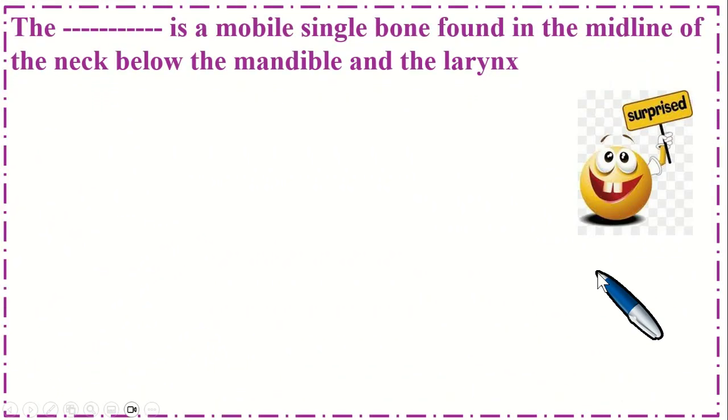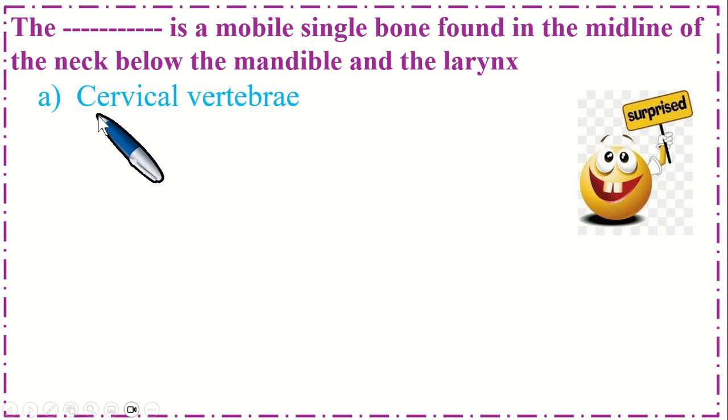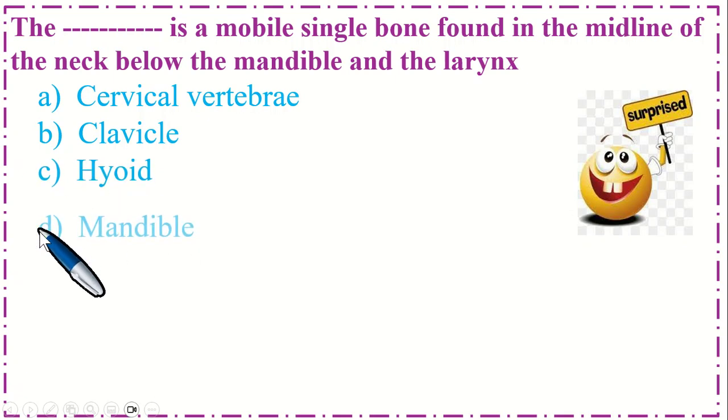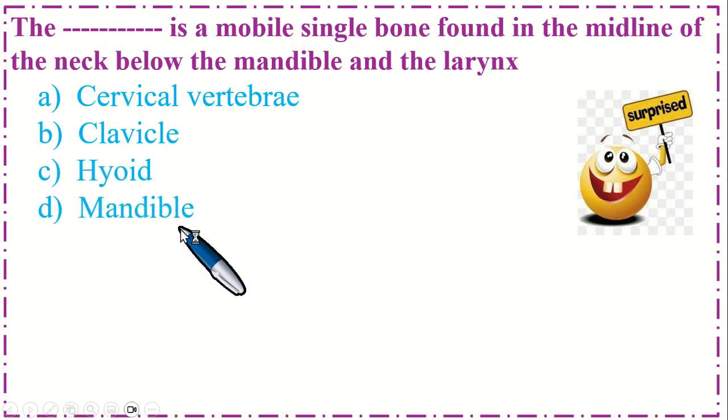So this is very important MCQs. The dash is a mobile single bone found in the midline of the neck below the mandible and the larynx. Option A cervical vertebra, B clavicle, C hyoid and option D mandible.